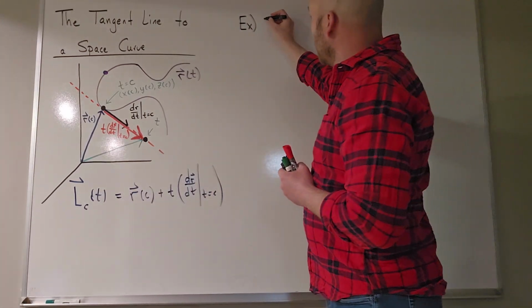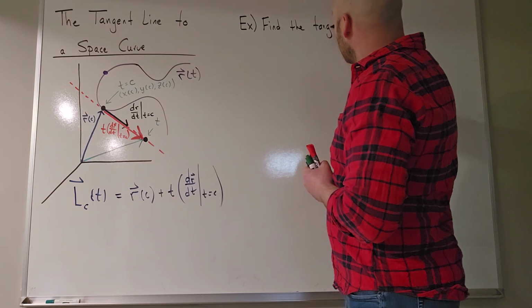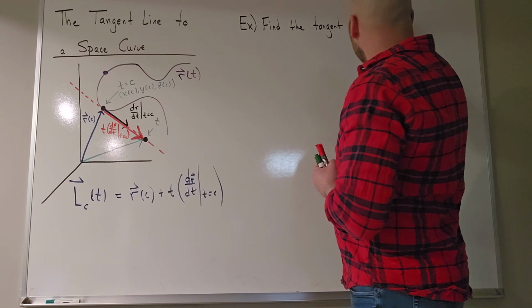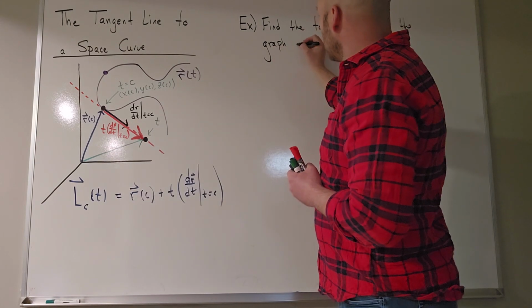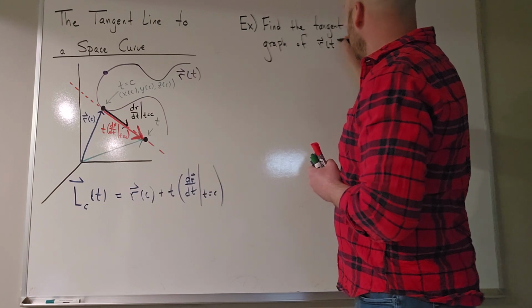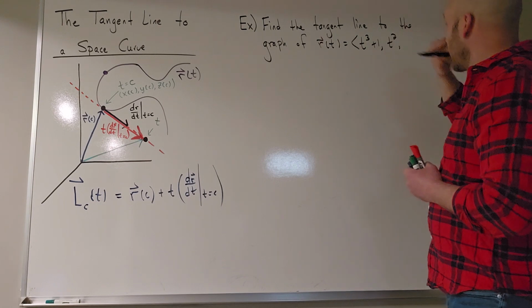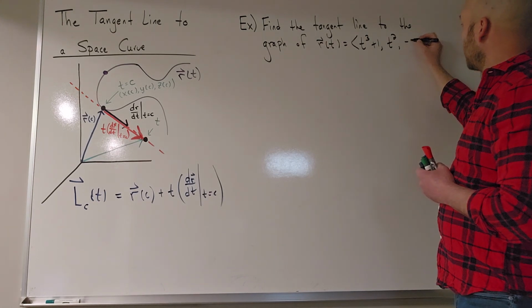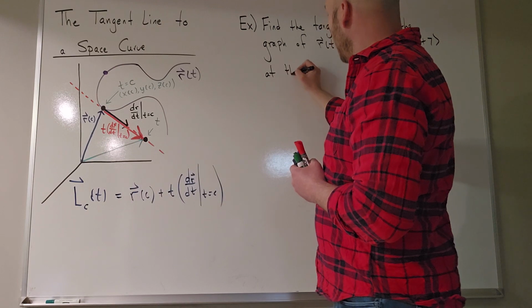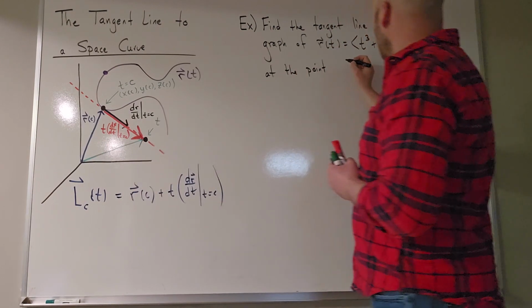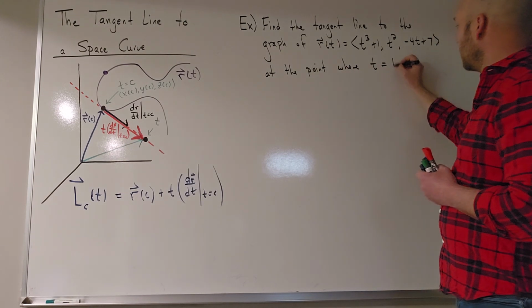Find the tangent line to the graph of r of t equals t cubed plus 1, t squared, and negative 4t plus 7, at the point where t is equal to 1.